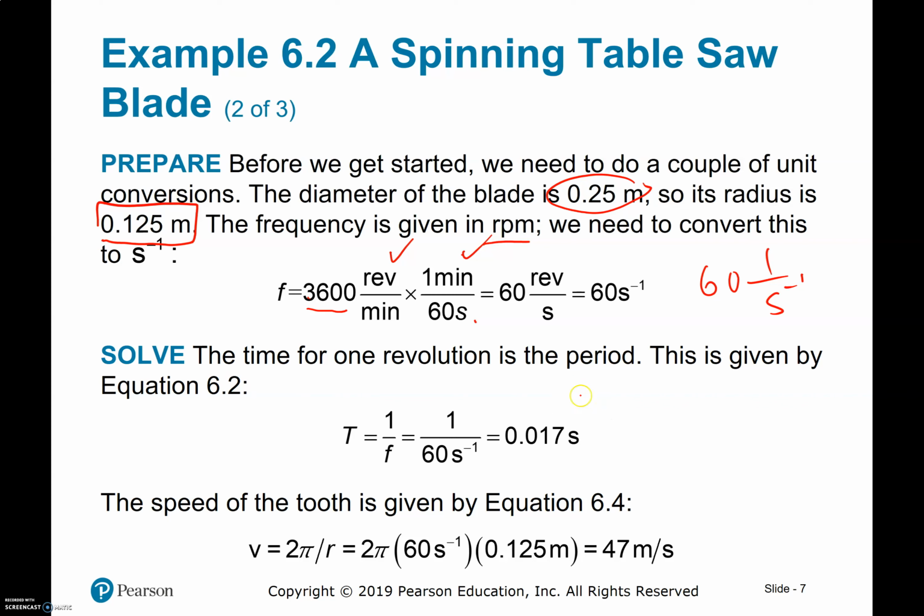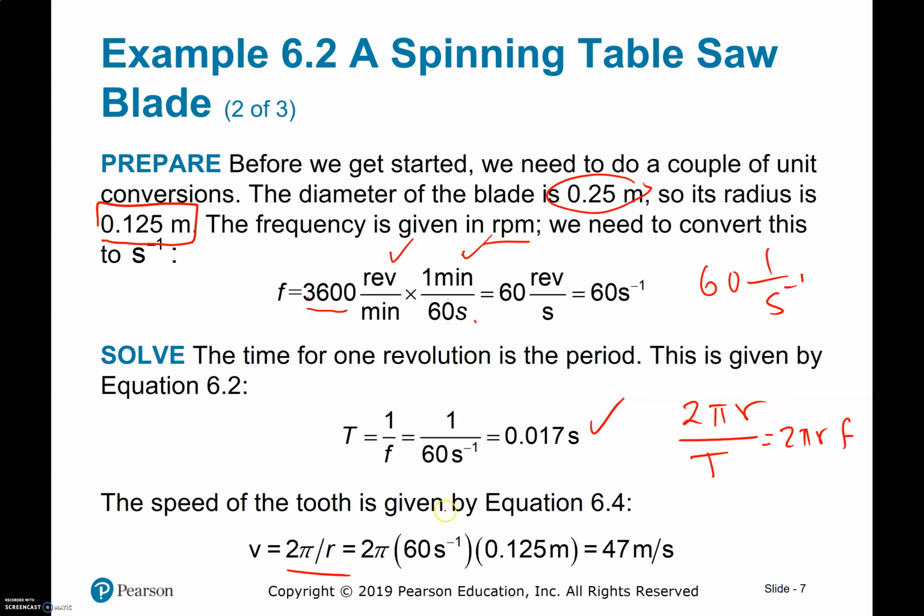So the period, what is the period? Well, it's 1 over the frequency. That gives you this very small number here, 0.017 seconds. The speed, well, here there is a typo, so to get the speed it is 2 pi r, the distance it covers in one revolution, divided by the period, or 2 pi r times f.